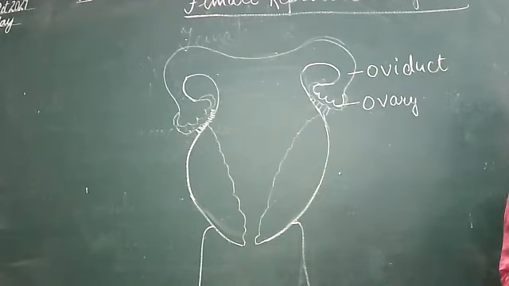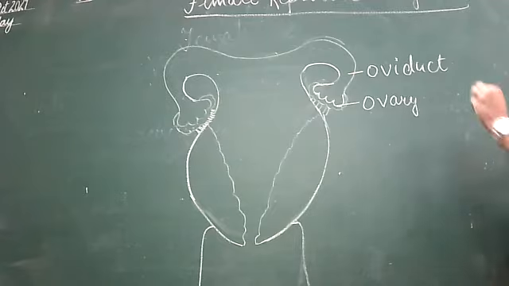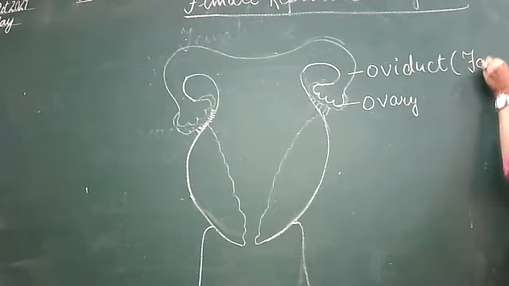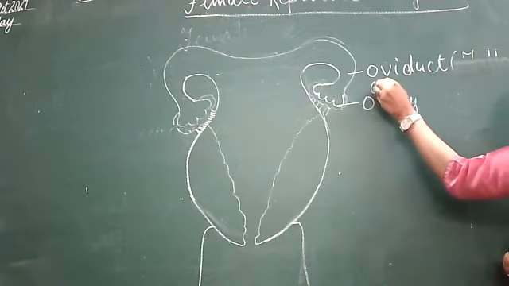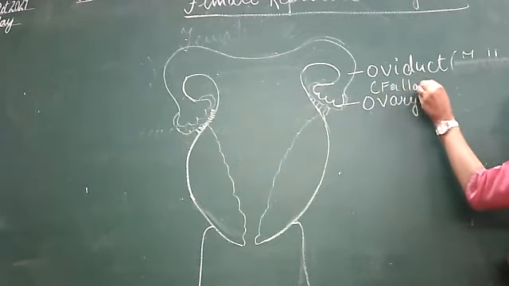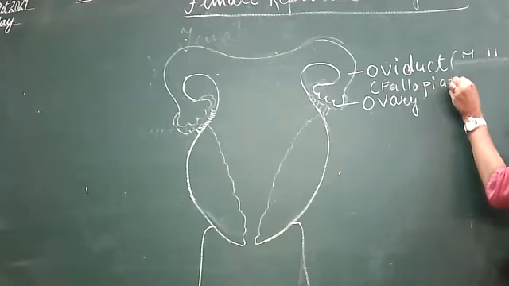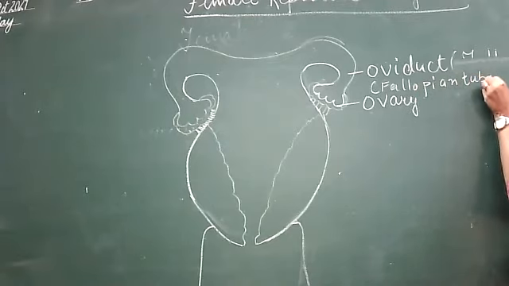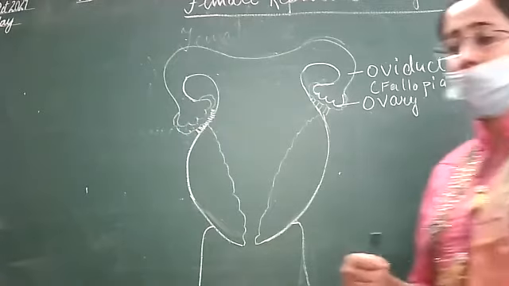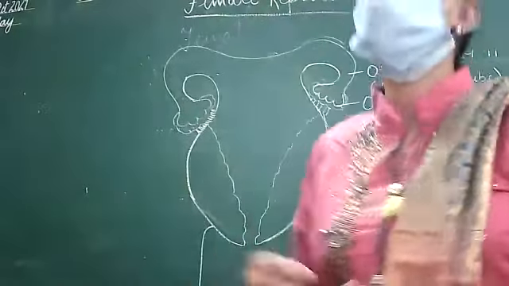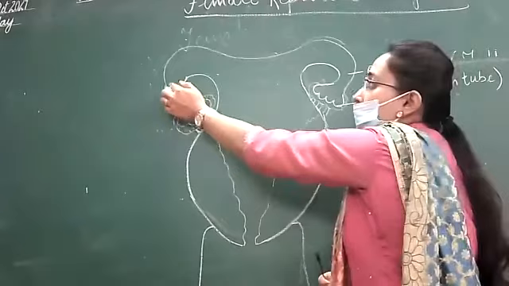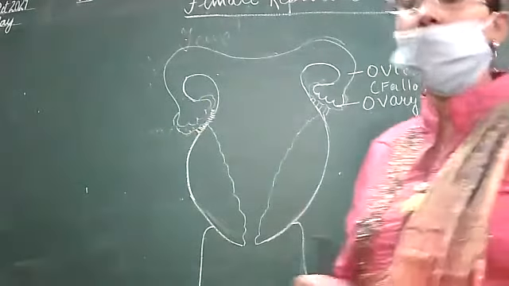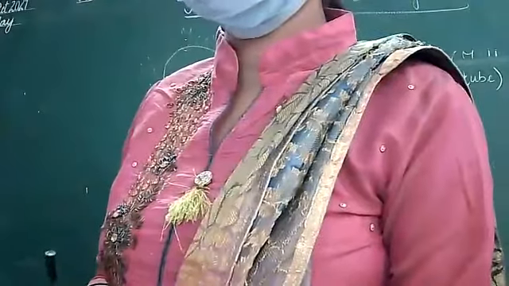Oviduct is also known as fallopian tube. So, if there are two ovaries, there are two fallopian tubes or two oviducts.